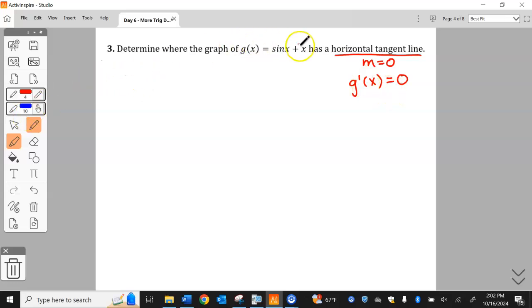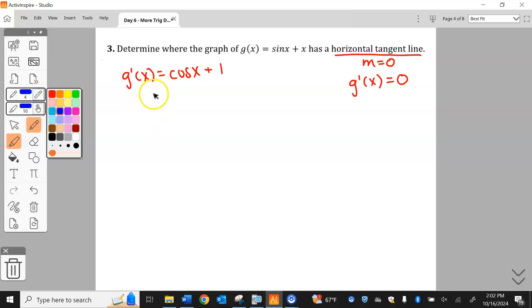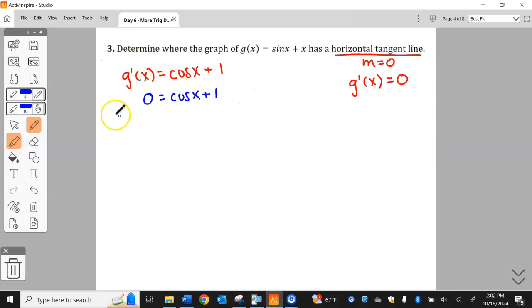So step 1 is I'm going to go to my function, take the derivative. The derivative of sine is cosine, the derivative of x is just 1. Okay. Now I can take that derivative equation. I'm looking for the x value where the slope, so where the derivative, is equal to 0. And now I would just solve this trig equation. So I'm going to subtract 1. You need to get the trig function by itself.